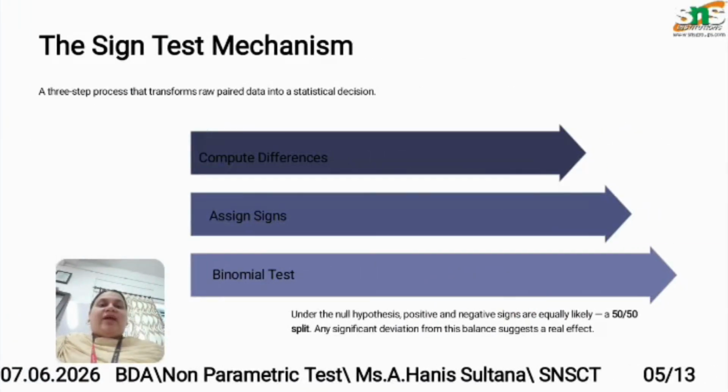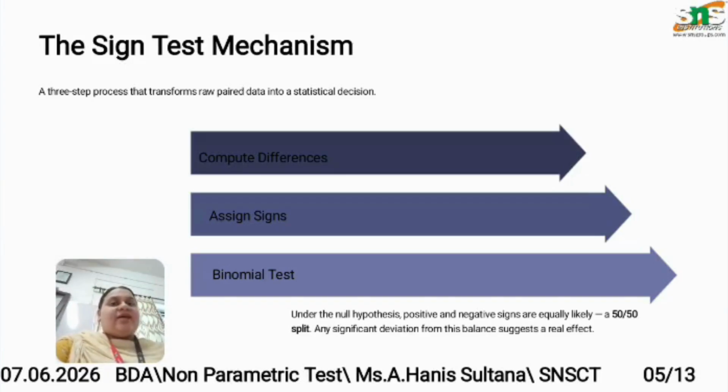What is the sign test mechanism? Here we have three steps that transform the data before taking a statistical decision. First, we compute the differences. We test whether there exists any difference between before taking a training session and after taking a training session.